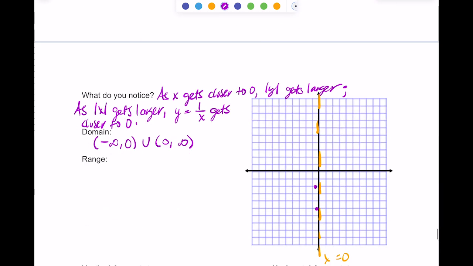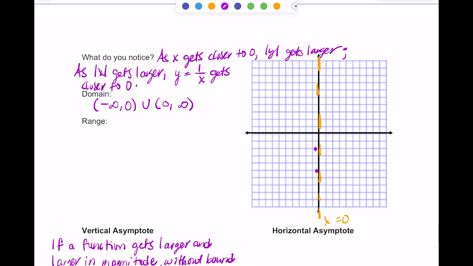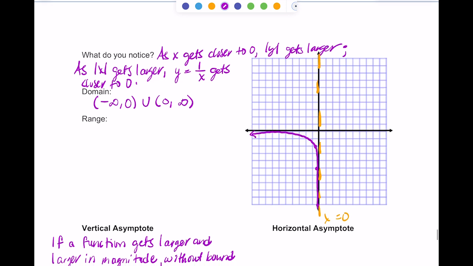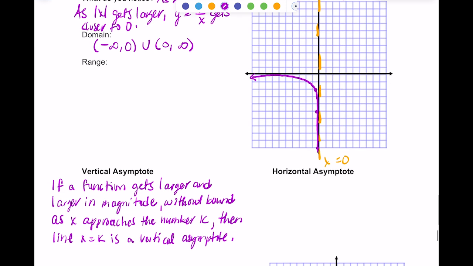Then -0.1 and -10. It's going to get closer and closer, but it's actually not going to go above the x-axis. The x-axis is what's called a horizontal asymptote, and we call that y equals 0.